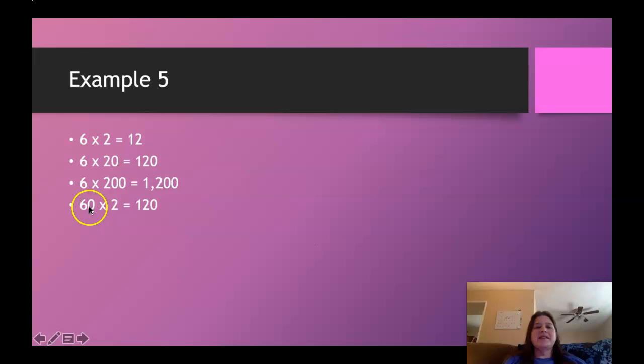It still works the same way. 60 times 2, we do the whole numbers 6 and 2 times each other and then put the 0 on the end. What if it was on both numbers? Same thing. 6 times 2 is 12. There's 2 zeros, so I have 2 zeros in my answer. And 600 times 200, there's 2 times 6 is 12. I have 4 zeros because there's 4 zeros.